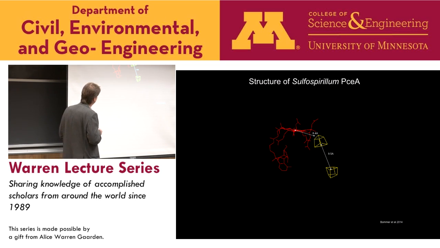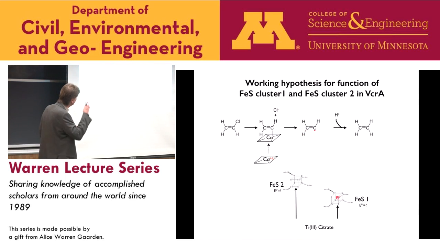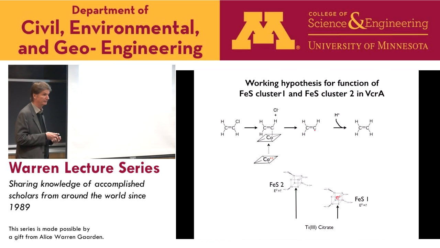And it looks like the distal iron-sulfur cluster cannot directly interact with the chlorine ring relative to the proximal iron-sulfur cluster. Again, this is in the non-energy conserving reductive dehalogenase. So having that information and our EPR spectroscopic data, here's the model of how we think these reductive dehalogenases work.